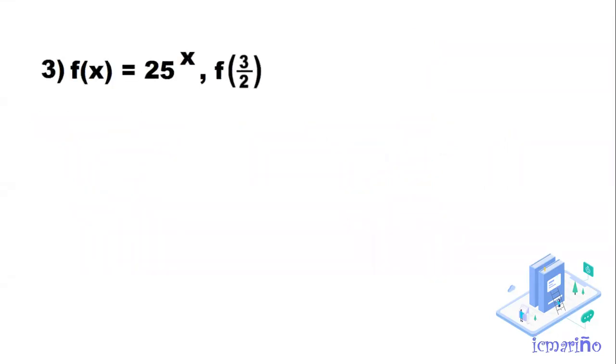Next, we have f of x equals 25 raised to x, and f of 3 over 2. If we have a fraction, the numerator is our exponent, or the power. And the denominator is the root, which means that the given base will be raised to the power, which is the numerator, and then later we are going to get the root of it.